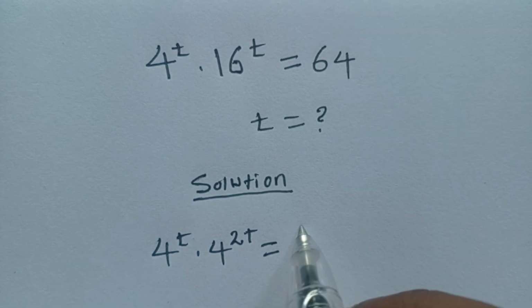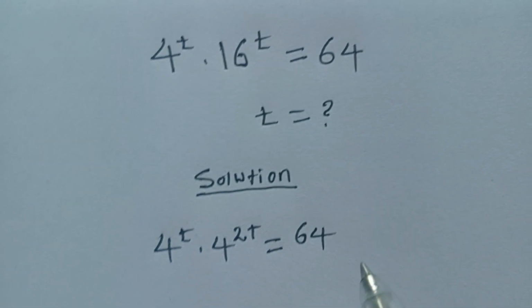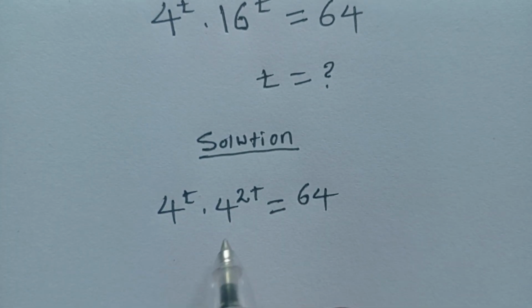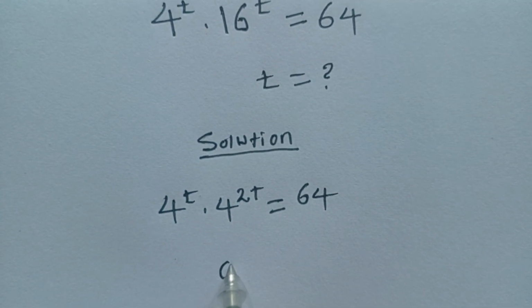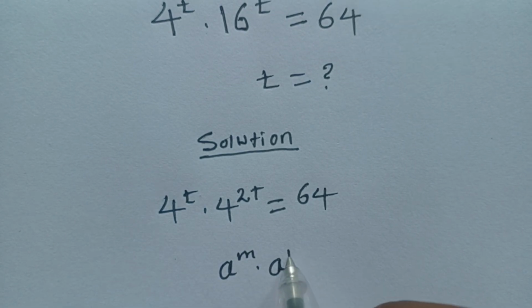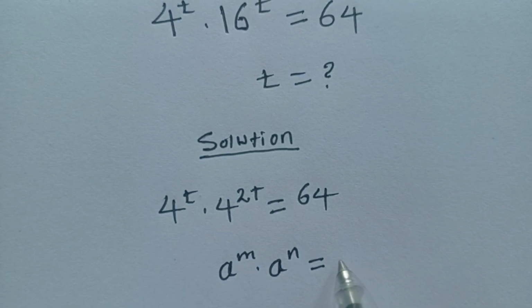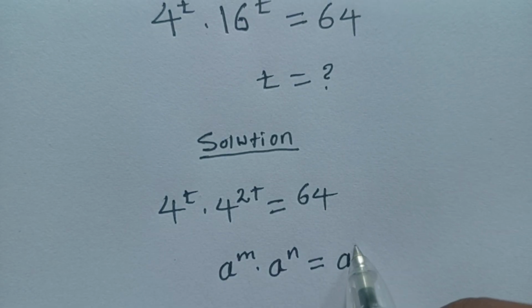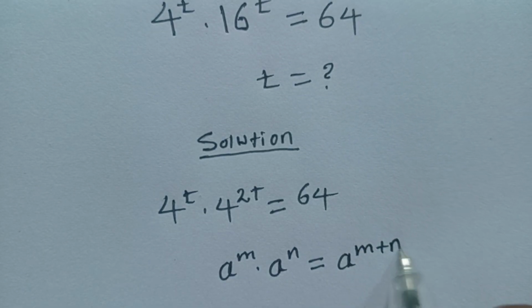Equal to 64, then a power of m times a power of n equals a power of m plus n.